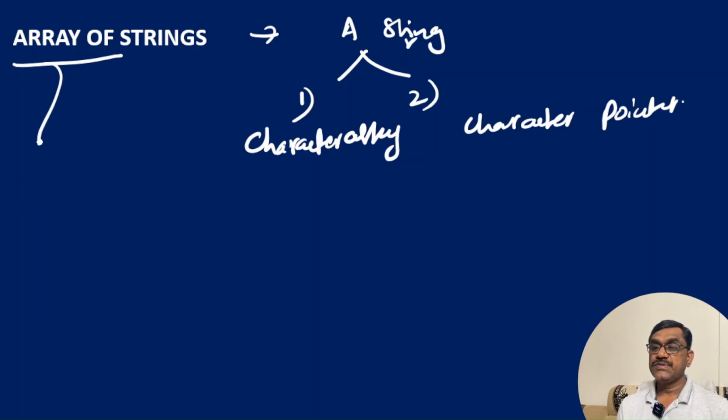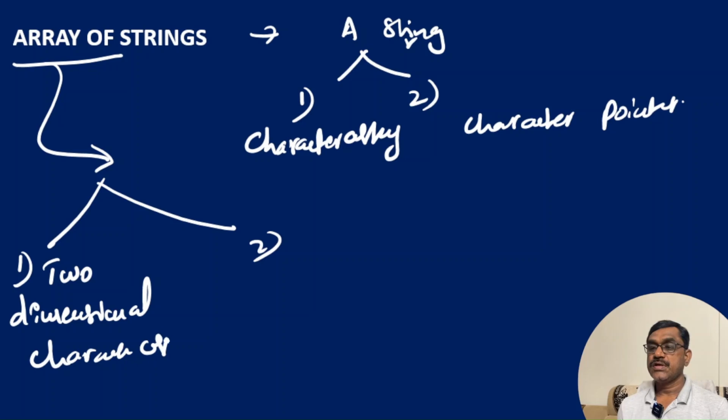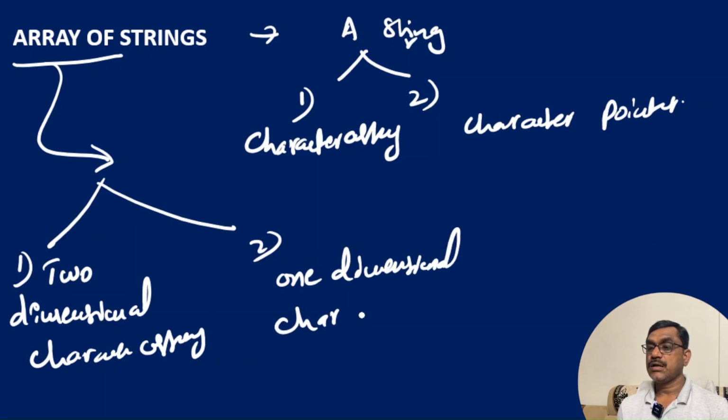For representing an array of strings, again we can use two methods. The first method is a two-dimensional character array. And the second is a one-dimensional character pointer array.